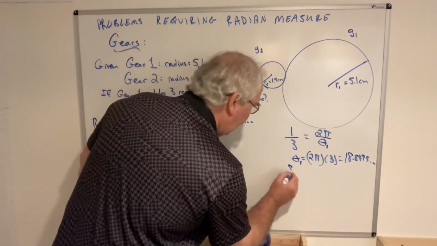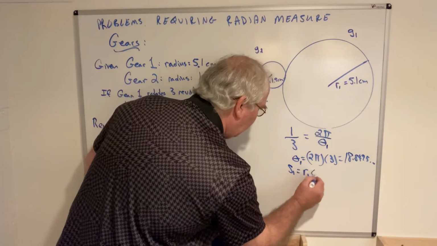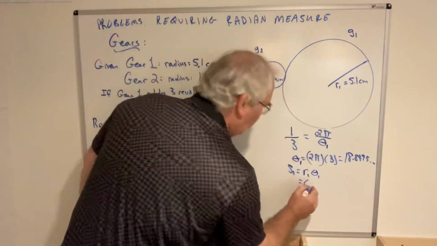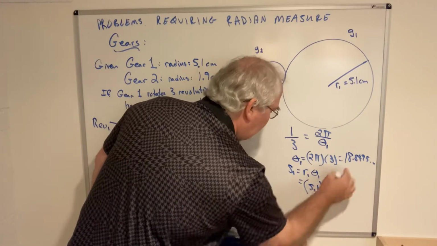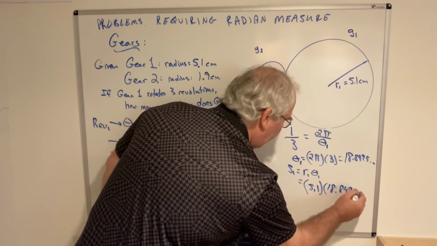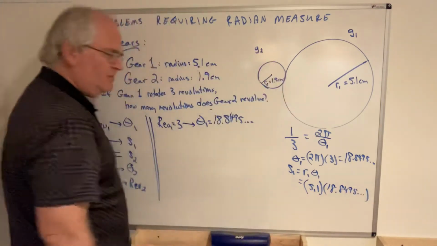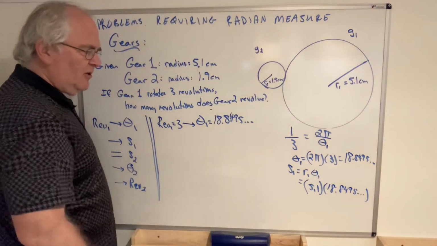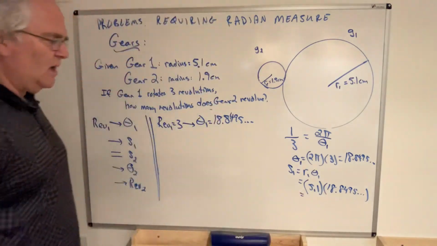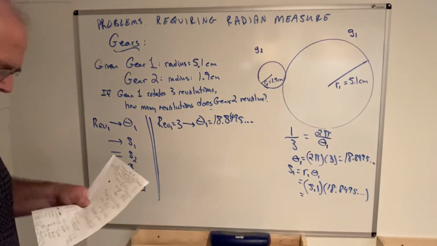We know S1 is equal to R1 theta 1, which in this case is R1 is 5.1 times the 18.8495. Remember to leave that number in your calculator, and then multiply 5.1 times the number you have in your calculator already.